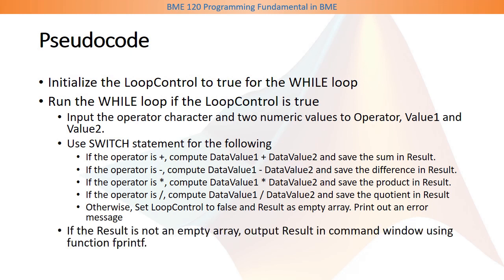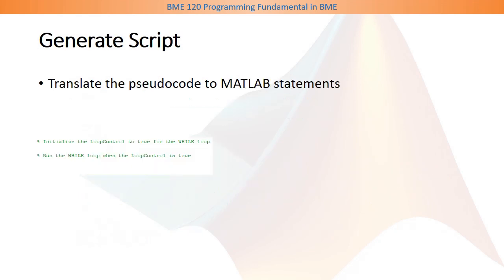And at this point, the script will check the variable result to see if it is an empty array. If not, it will output the value in the variable result in the command window using the function printf. After that, it will go back to the beginning of the while loop to check the loop condition. The next step is to translate the pseudocode to MATLAB statements.